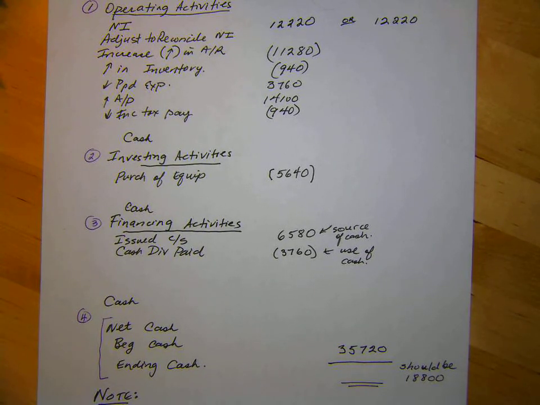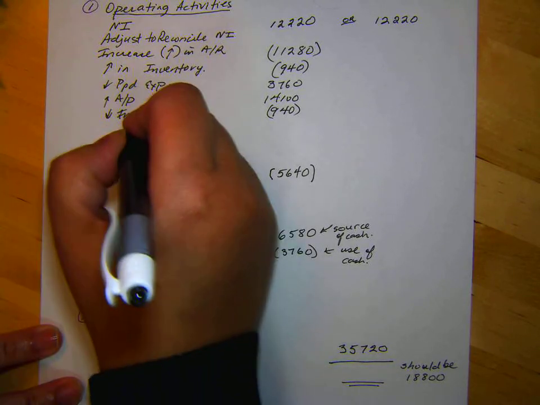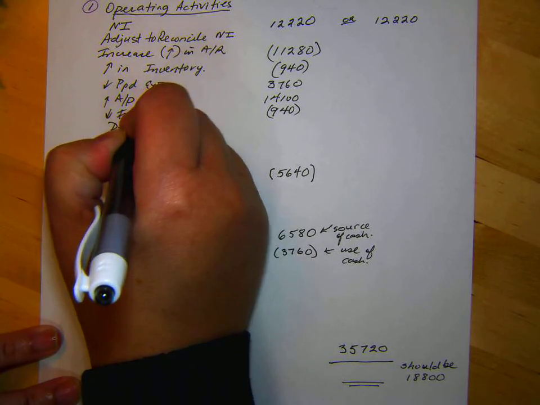Okay, moving down then. Is there anything on the income statement we needed to put in? Well, we've got our net income already, so that's taken care of. And anything else? Non-cash items. So depreciation expense has to go here, goes in operating.